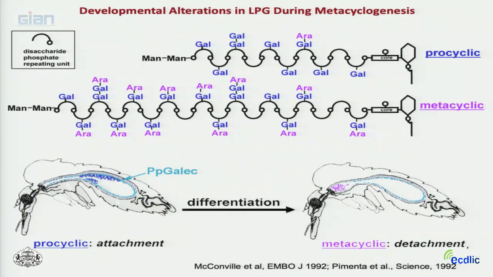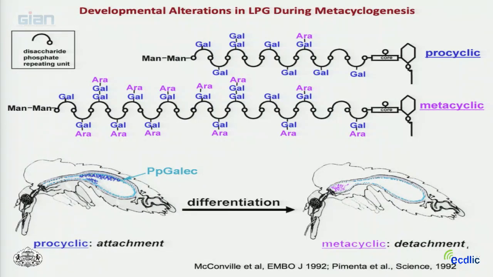And again, work that was done by a number of individuals in Scotland and in Kentucky, looking at developmental staged alterations in LPG structure during metacyclogenesis.